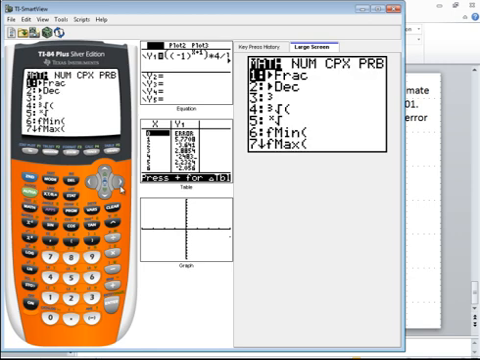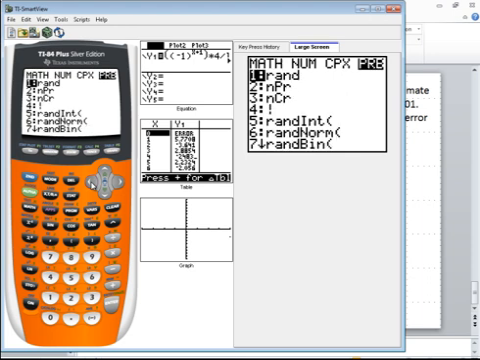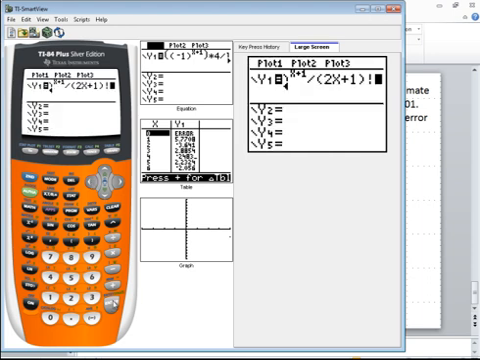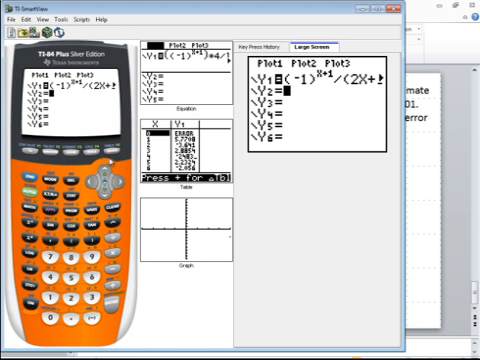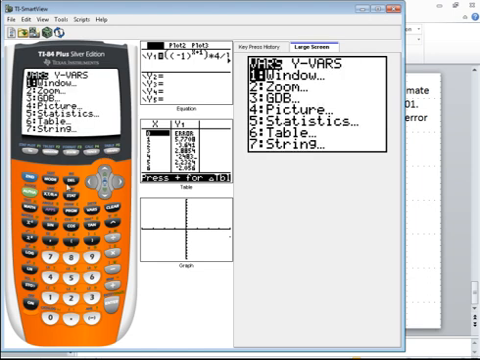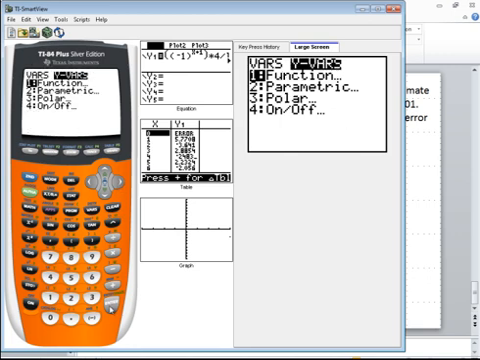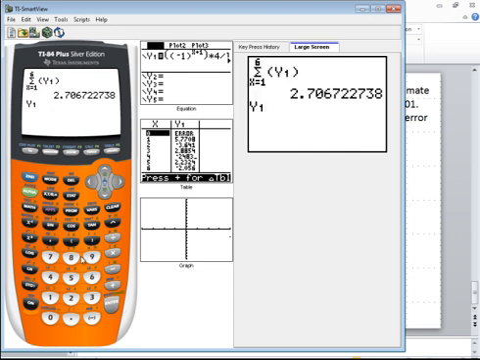So I'm going to use my calculator. And your factorial button is in your probabilities. So there's my term. So what I'm going to do is I'm going to start with my third term.